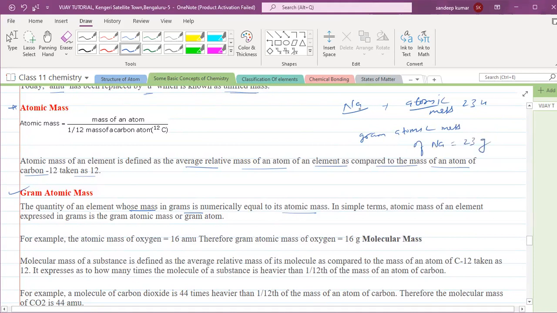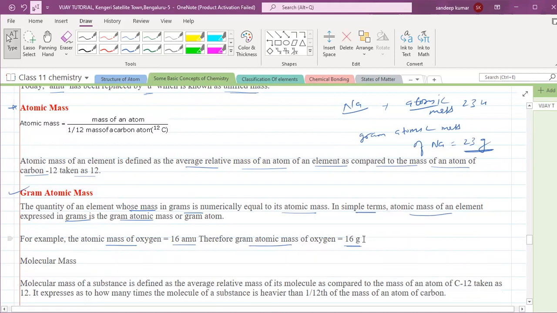In simple terms, the atomic mass of an element expressed in grams is the gram atomic mass. For example, the atomic mass of oxygen is 16 amu, therefore the gram atomic mass of oxygen is 16 gram.